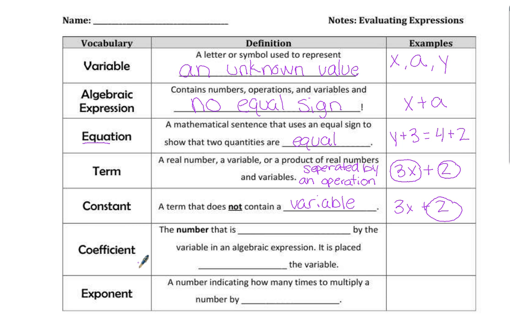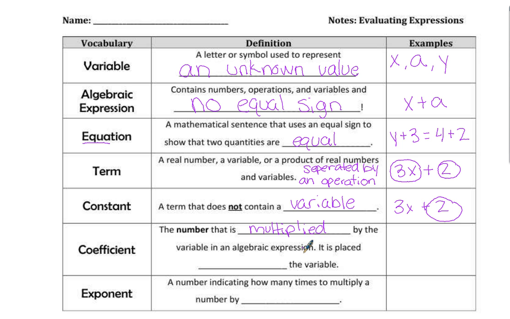And then we have the coefficient, which is like the other side of our problem we've been talking about. The coefficient is the number that is multiplied by the variable in an algebraic expression.